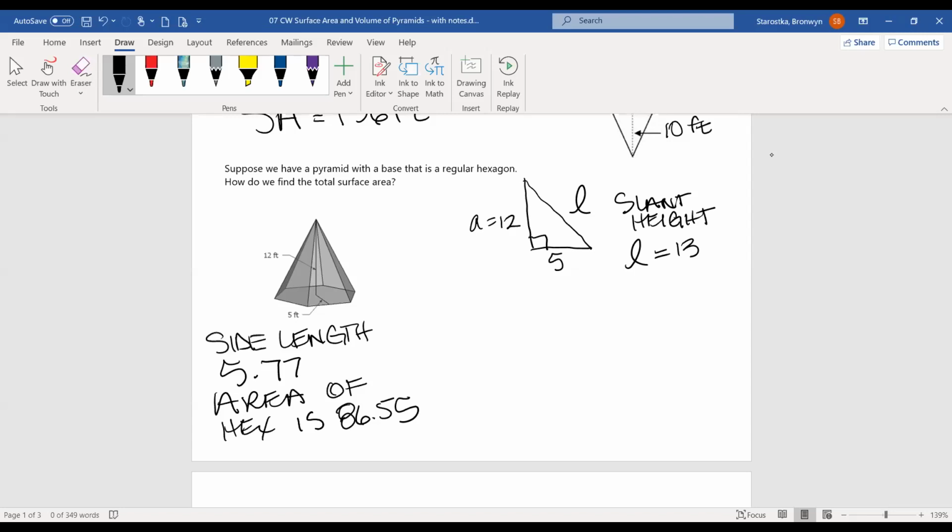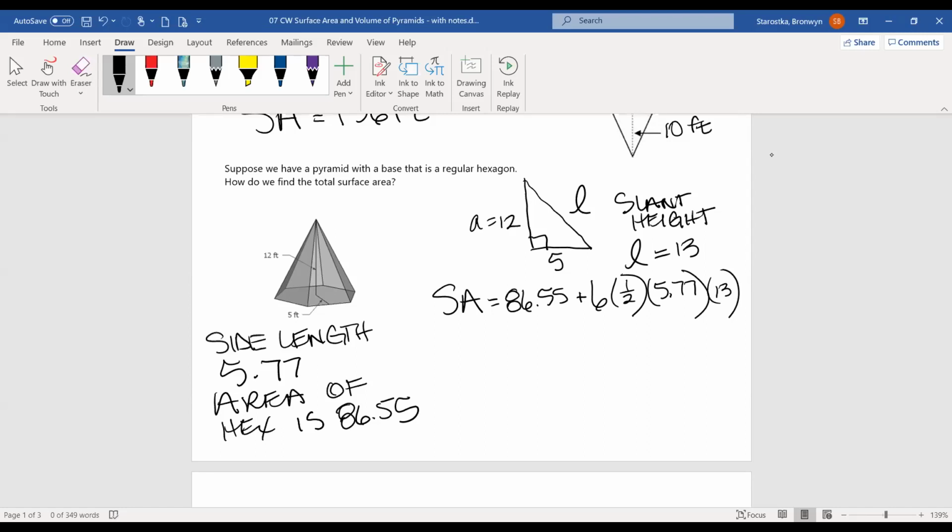All right, so if we were going to find the surface area of this hexagonal pyramid, our surface area equals that hexagon base, 86.55, plus we're going to have 6 triangles that are all the same. 6 times 1/2, the base of 5.77, times the lateral slant height of 13.